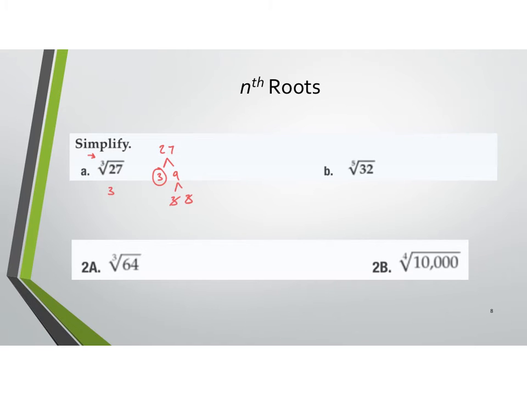Okay. Let's go over to letter B. I'm going to do the exact same thing, only this time I'm looking for a number that repeats 5 times. So I take 32. Now I'm going to split this up into 8 and 4, 4 and 2, 2 and 2, and then 2 and 2 over there.